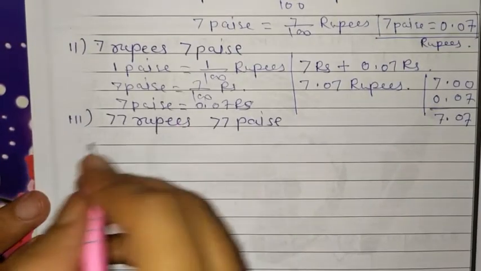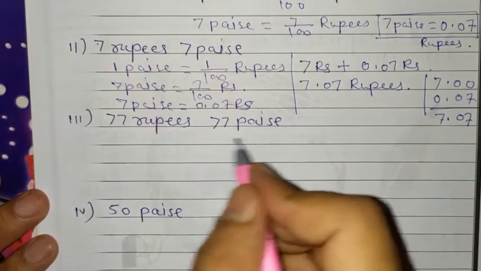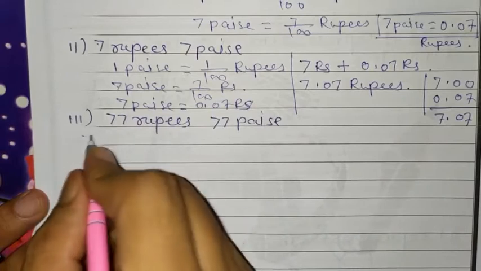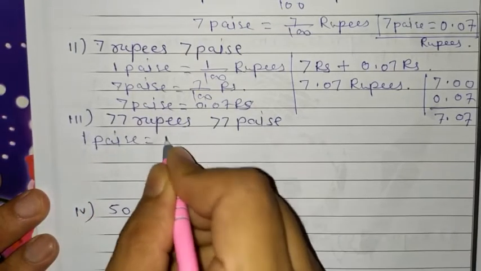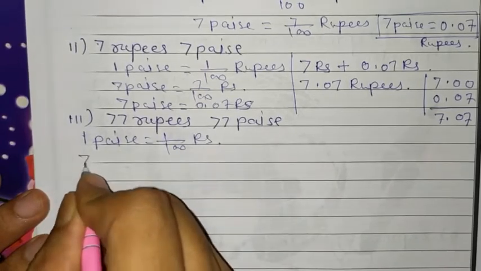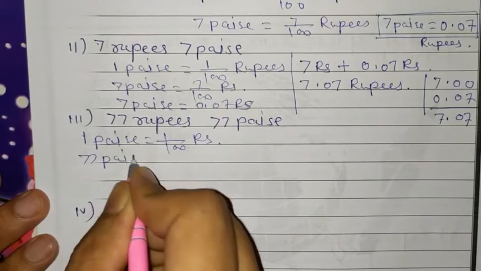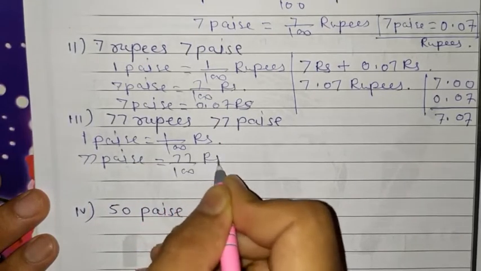Third one, again you have to write the formula. Here it is 77 paise. As our formula was 1 paise is 1 upon 100 rupees, 77 paise equals 77 upon 100 rupees.